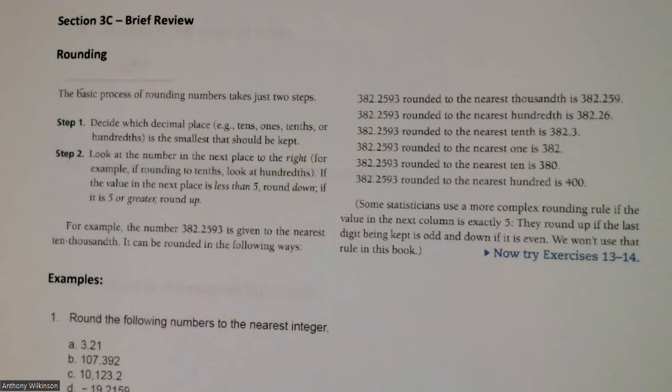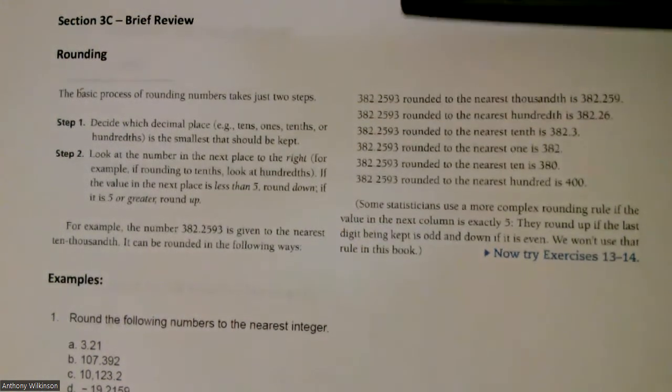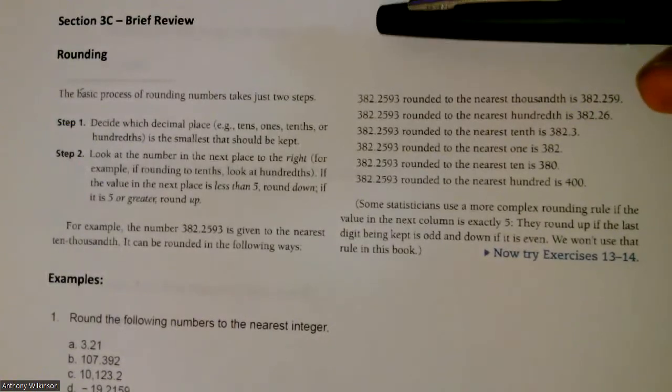For example, the number 382.2593 is given to the nearest 10,000. And it can be rounded in the following ways. Like if we want to round that number to the nearest 1,000, then we look at the digit that's in the thousandths place.